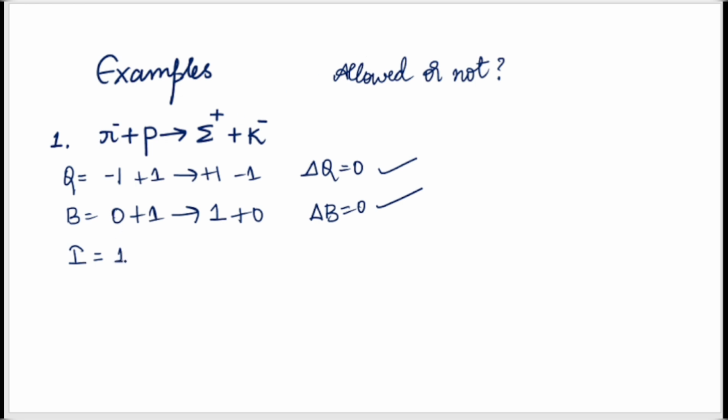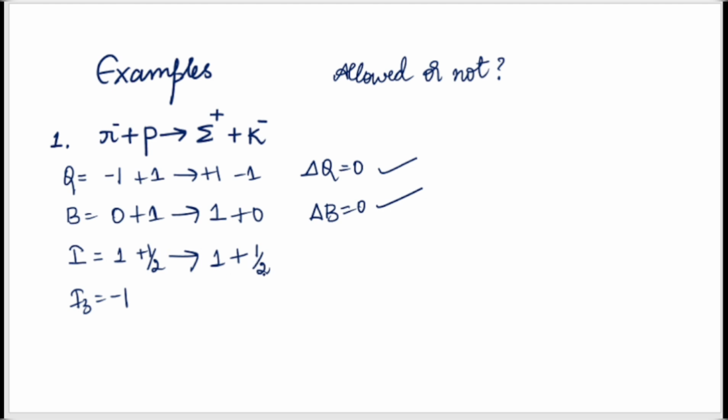So it is 1 and the third component is -1. For proton the isospin is half, and for sigma positive the isospin is 1, and K negative it is half. You can cross check in the diagram if you have a doubt.